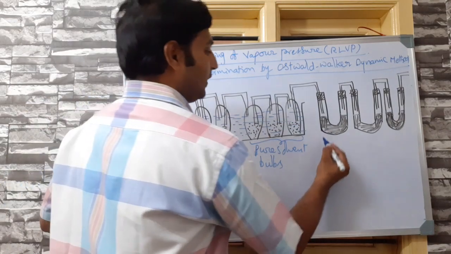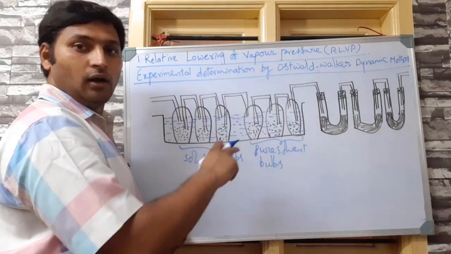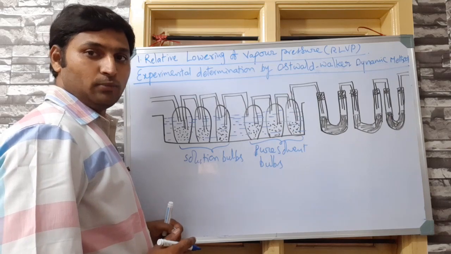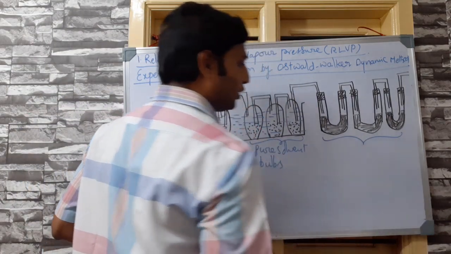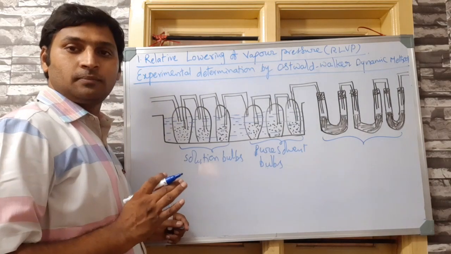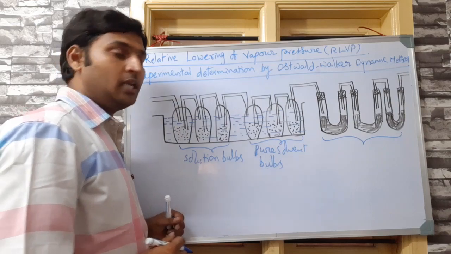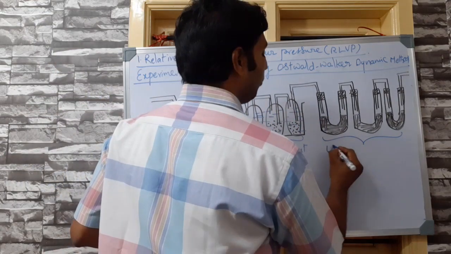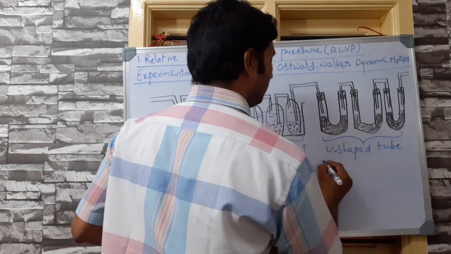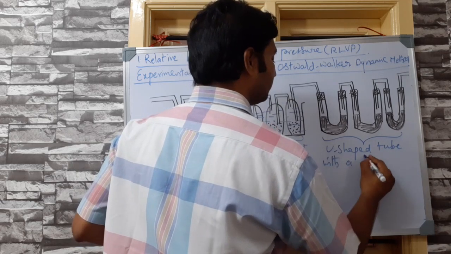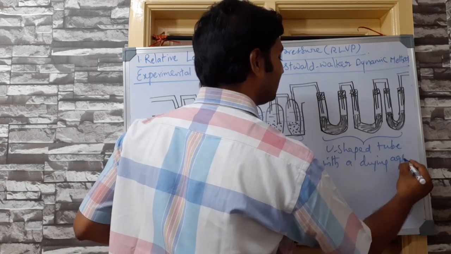And further, these 6 bulbs are continuously connected to each other through U-shaped glass tubes, delivery tubes, and the delivery tubes continue to a series of U-shaped tubes. Again, any number can be taken, minimum we have drawn 3 U-shaped tubes which contain a drying agent, otherwise called desiccants.